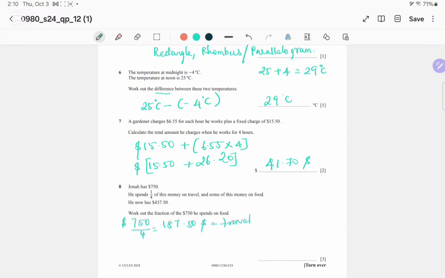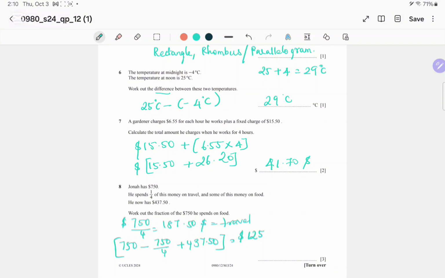So after subtracting these two answers, 750 total amount minus 750 by 4 plus 437.50, you will get around 125. So 125 is the remaining amount after he is spending.